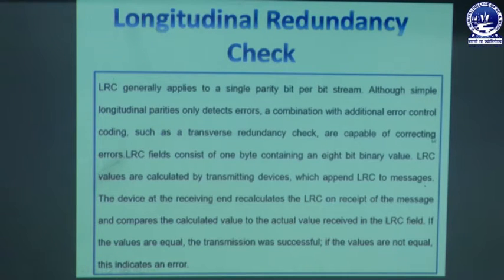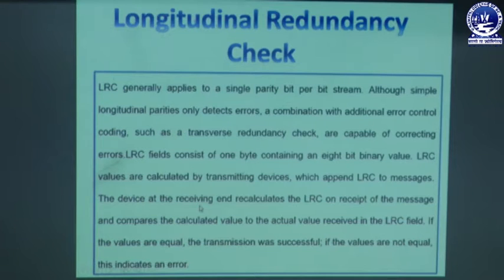That means whenever there is a chance of transmitting the data from one device to another device, the LRC gets added to the messages. The device at the receiving end recalculates the LRC on receipt of the message and compares the calculated value to the actual value received in the LRC field.